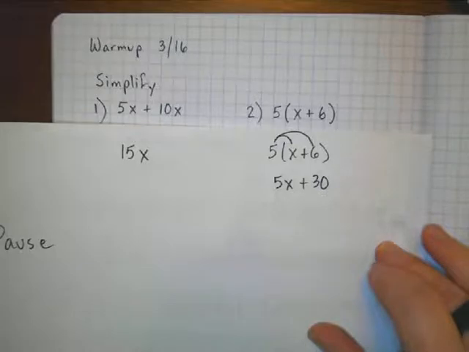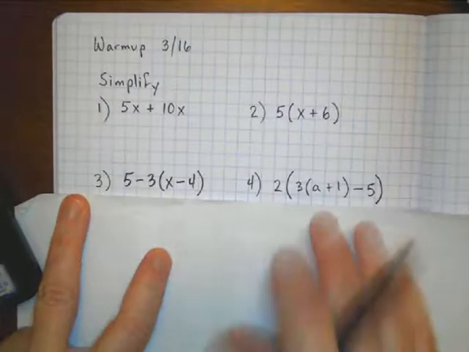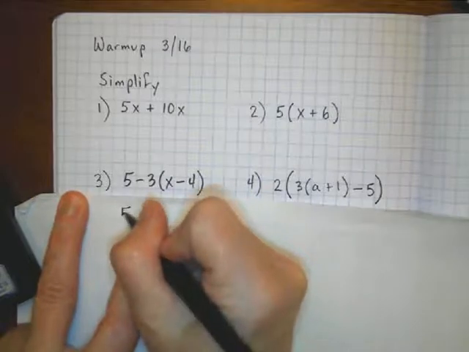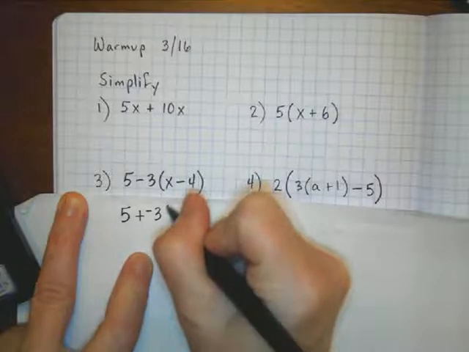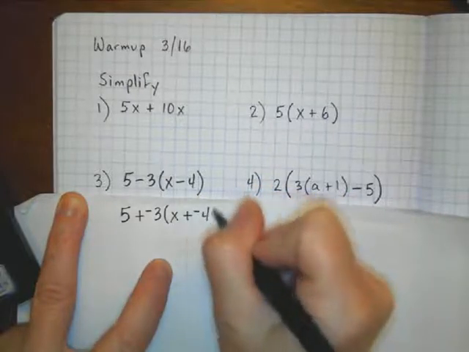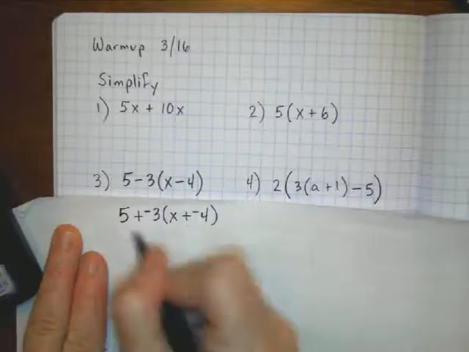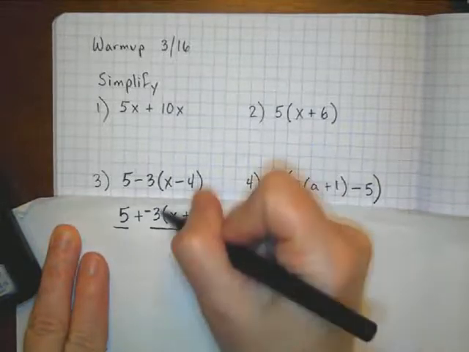Okay, the next problem, problem number 3. This one I'm going to rewrite and parse. So I'm going to do 5 plus negative 3, parentheses, x plus negative 4. Now I'm going to parse it: underline, plus sign, underline, underline, underline, and multiply.